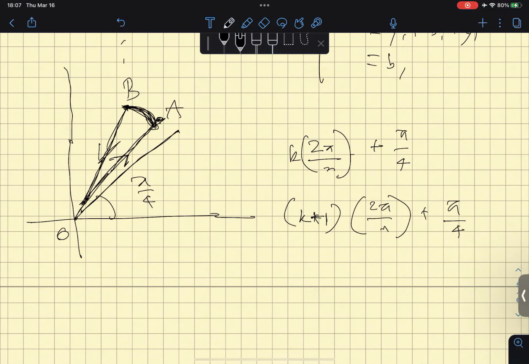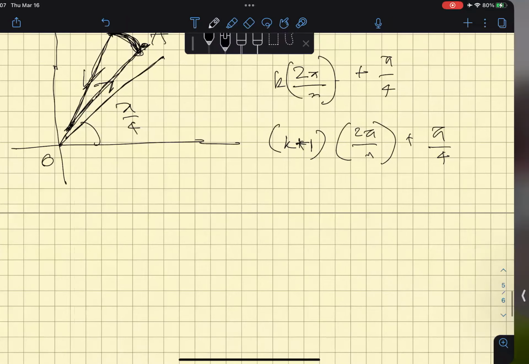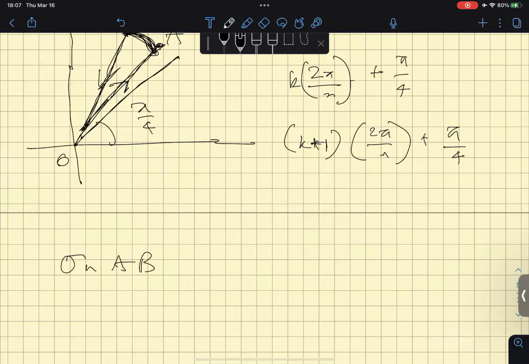Okay, and over on AB, the parameterization is given actually. What is it, you go unit distance? Yes, because this circle is of radius 1.